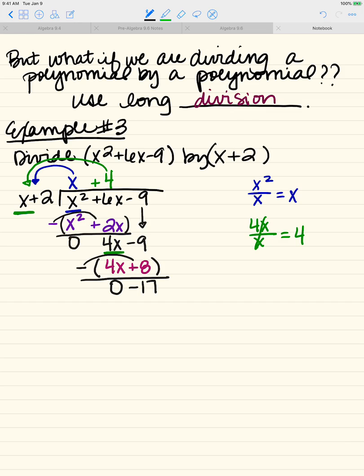Once you get here and you don't have any other terms to bring down, this becomes a part of the last term in your quotient. There are no other terms that we can bring down, so we take our remainder, negative 17.